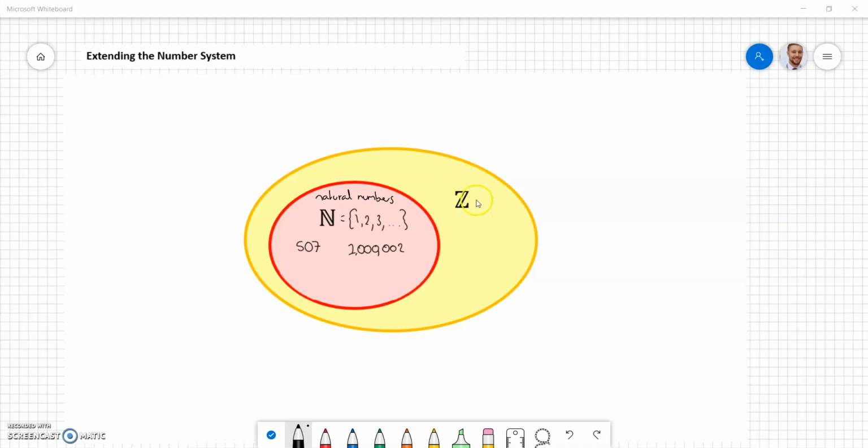And that leads us to our next set of numbers, which is the integers. Integers are a set of numbers in their own right, which include negative numbers, they include 0, and they include all of the whole natural numbers that we had before, so your 1, 2, 3, and so on. These are still whole numbers, so they're numbers like -4 or -57.